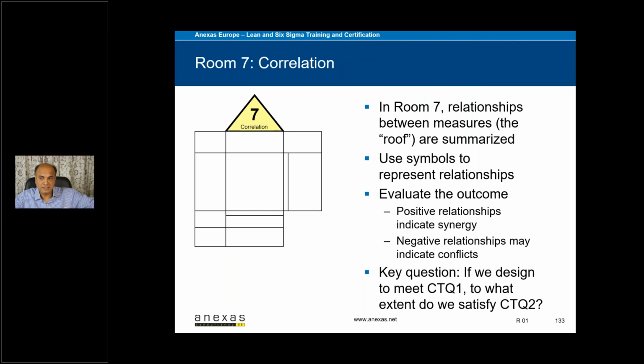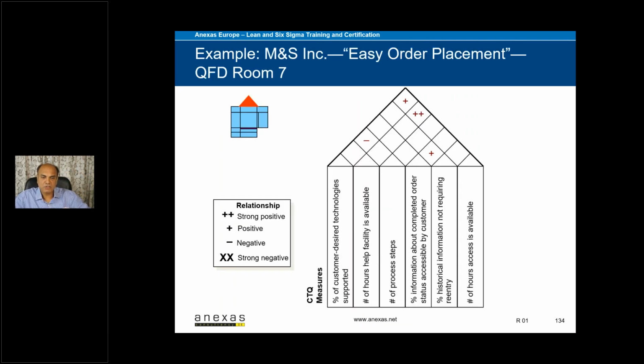Then finally, the last room, the 7th, we call it the roof. Here, the roof means that sometimes two CTQs might be supporting each other, or sometimes they may not. For example, percentage of customer desired technology supported, and another, number of process steps. The number of process steps should be as low as possible. That's what the customer wants. But if I want to increase the number of customer desired technologies supported, sometimes it might increase the number of process steps also.